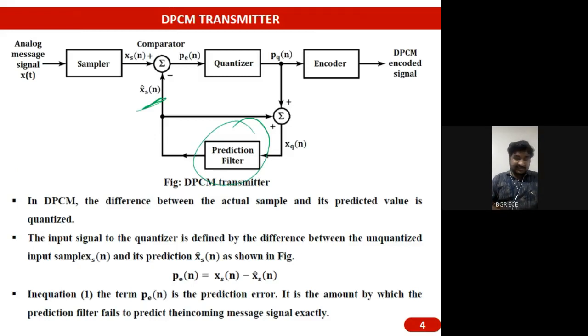Now, the input signal to the quantizer is defined by PE of n, and the output of the quantizer will be represented as PQ of n. PE of n is nothing but the prediction error.